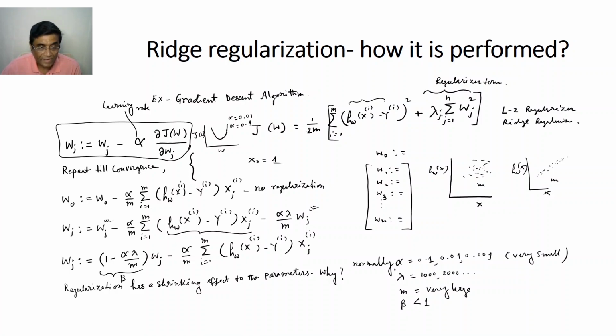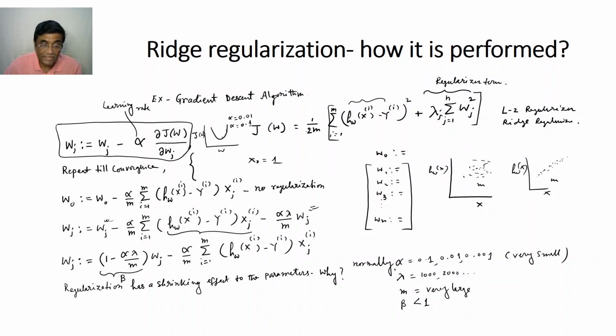Now if M is very large, what you see here, first of all, is that the parameter Wj is shrinking itself. Okay, so this is very important. It will shrink. Now the rate of shrinking will depend on m. These are fixed values for a fixed hyperparameter value.